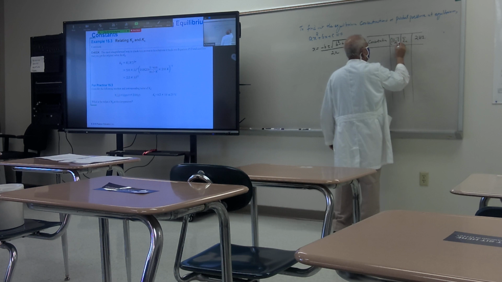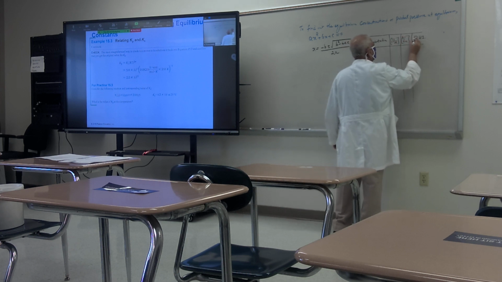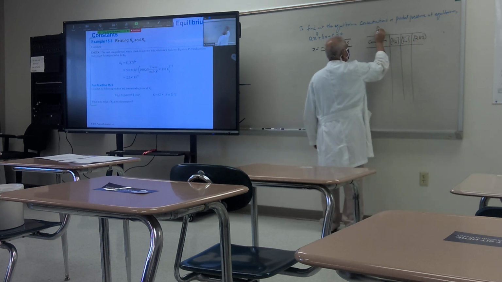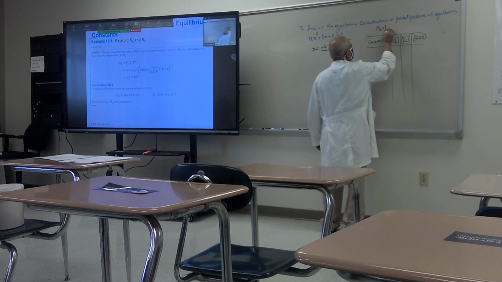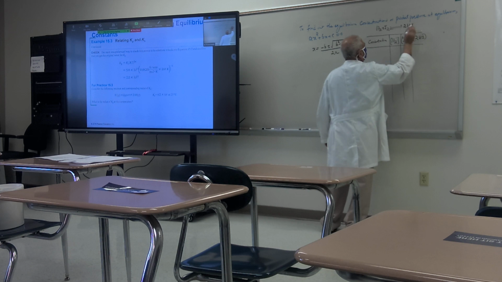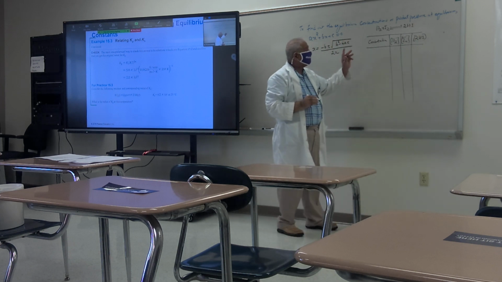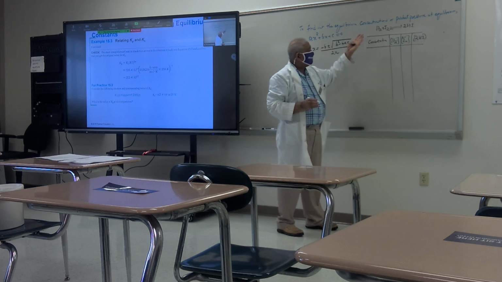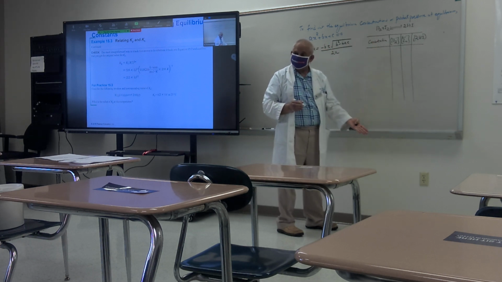So these are all the molar concentrations. The reaction is H2 plus I2 gives 2HI. In order to figure out the equilibrium concentration, you need to construct a table like this.